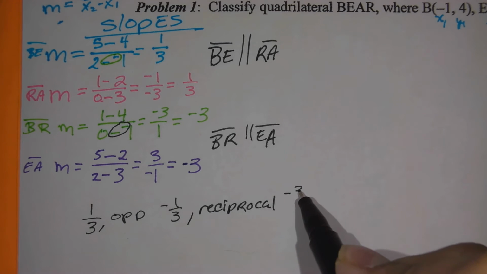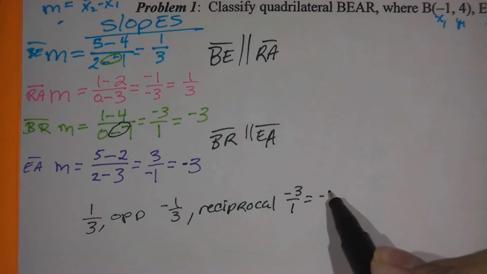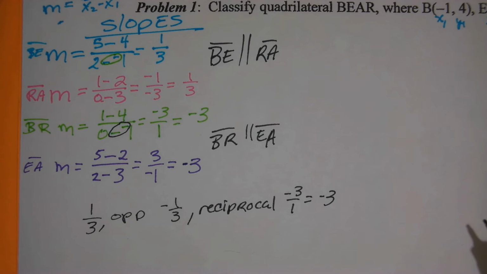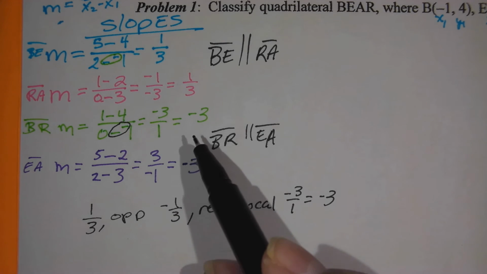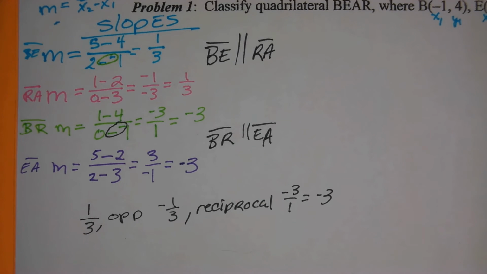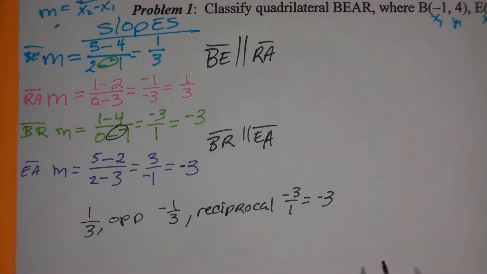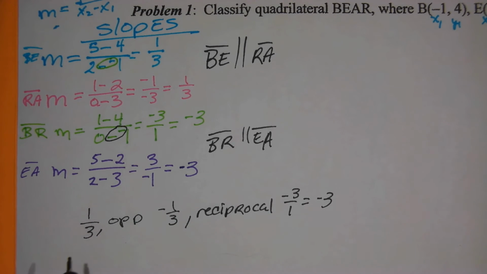So it becomes negative 3/1, which is negative 3. So these are opposite reciprocals. And opposite reciprocals means parallel. I'm not parallel, perpendicular. Geez Louise, I almost misguided you there. So again, opposite reciprocals means perpendicular.